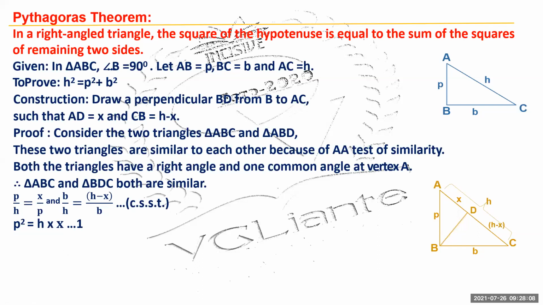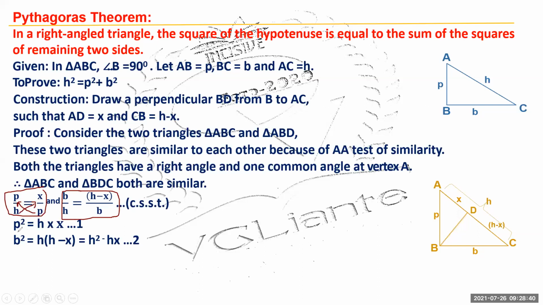That is statement number 1. And you'll get B square equals H into H minus X. Both these ratios, you're going to rearrange. Understand?